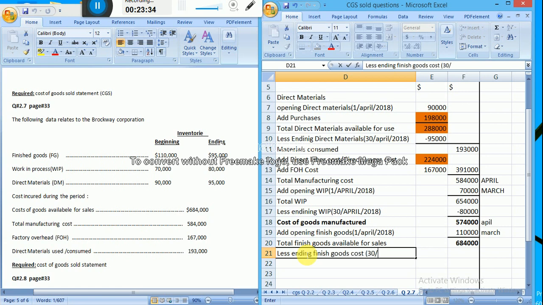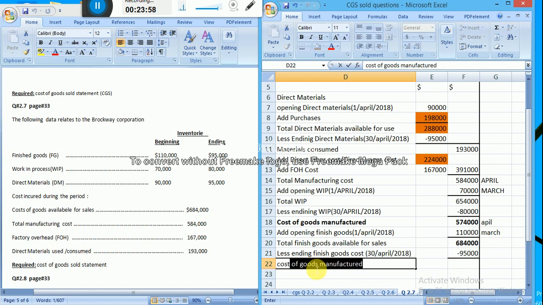On 30th April 2018, how much finished goods are left? The 95,000. So the 95,000 of finished goods that are left, we will subtract from here. Why? Because that will be sold in the upcoming month.